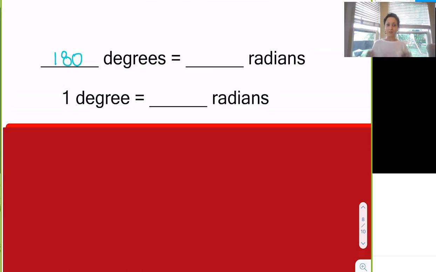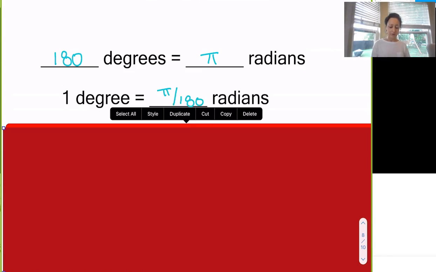Now you saw, hopefully, that for radians, we need a little bit more than 3 lengths of the radius to get halfway around. In fact, we needed exactly pi radians, right? So now if you divide both sides by 180, you would get that 1 degree is pi over 180 radians, okay?